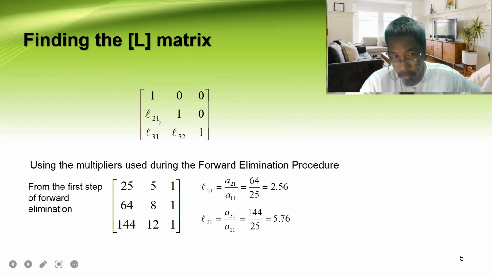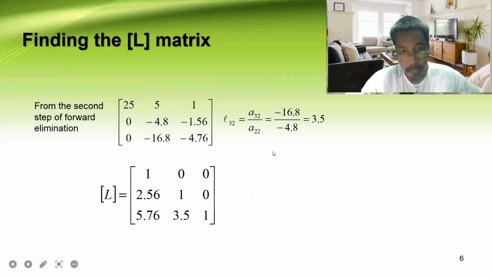The second row, first column. Third row, first column. We already know this. This is the first step in finding the upper triangular matrix. These are the multipliers. So we need another one, which is row 3, second column.